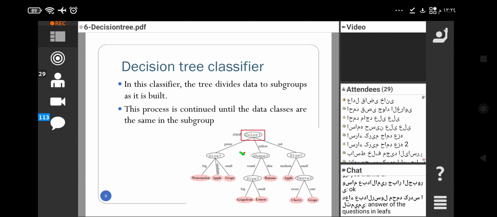And then we say that the color has three values: green, yellow, and red. So this is the first step in building the tree. We select a root node, and then we put the branches, the values.